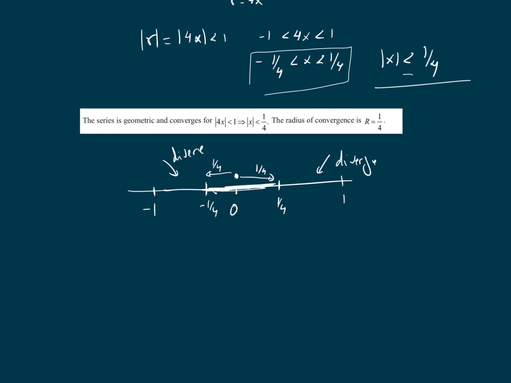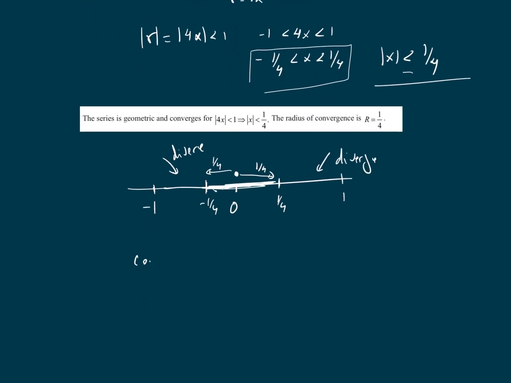So we can write like this. Converge if x is strictly smaller than 1/4 and bigger than minus 1/4.